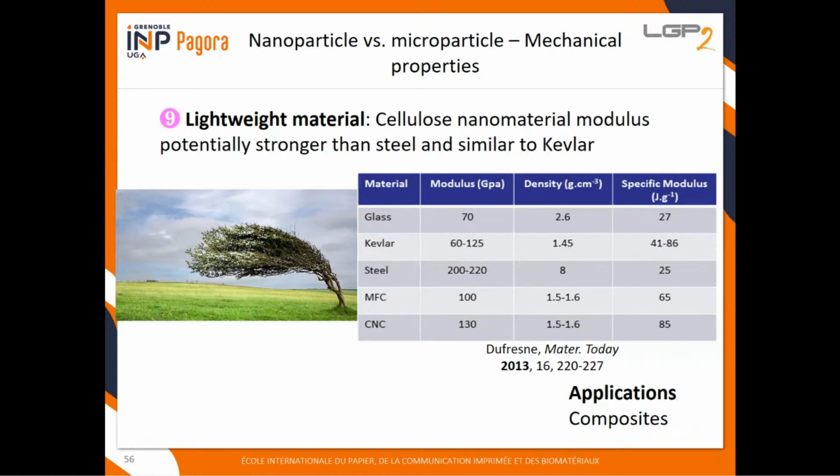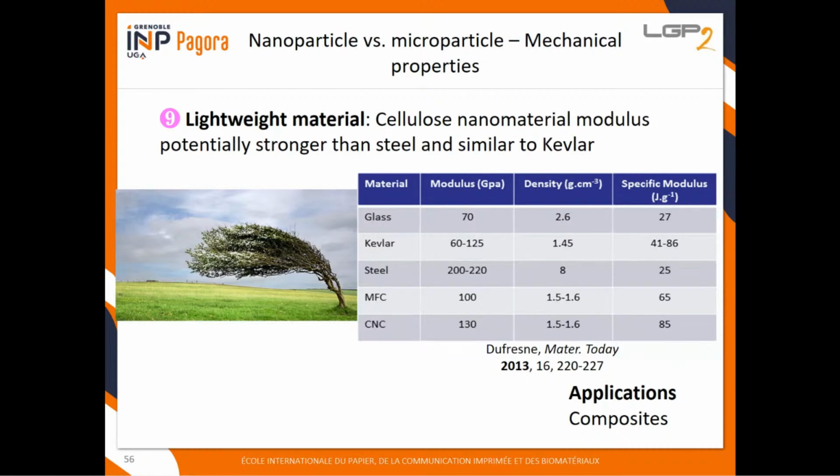Cellulose nanomaterial modulus is potentially stronger than steel and similar to Kevlar. You have in this table different materials: glass, Kevlar, steel, microfibrillated cellulose or cellulose nanofibers or nanofibrils, and cellulose nanocrystals. We have seen that the modulus is around 100 or 130 gigapascal.